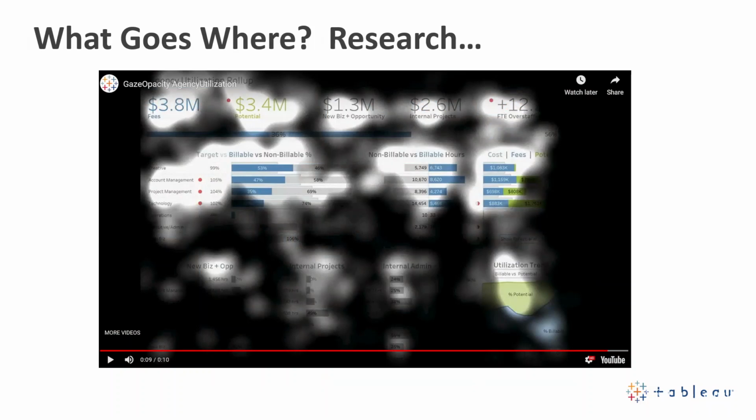A recent study by Tableau Research and Design found something that overrides those basic assumptions. They found that the most striking pattern was the visual attention paid to numbers in a very large font.